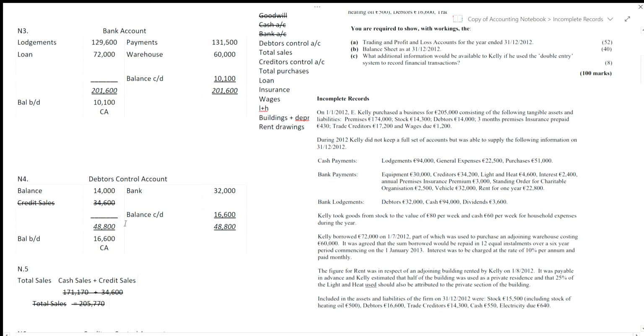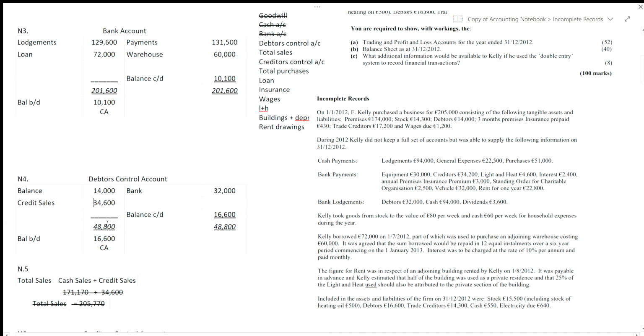So again, my balance on both sides is 48,800. It's my balance brought down, it's a current asset. The difference between both sides is my credit sales. This is the money that I have sold, essentially. The stuff that I've sold to my debtors, and the money that I have to be received this year. So that's my credit sales.